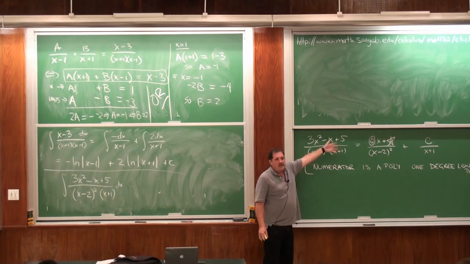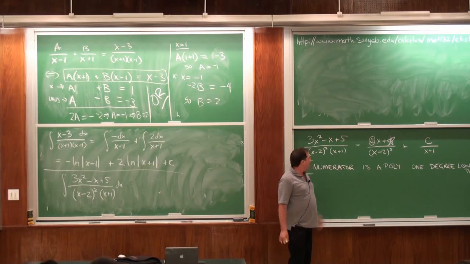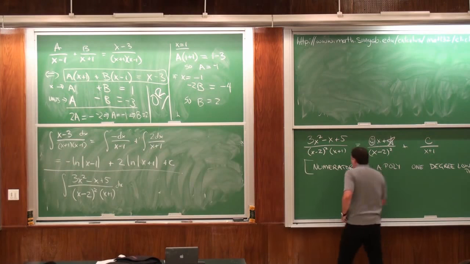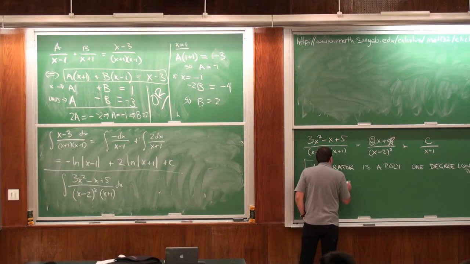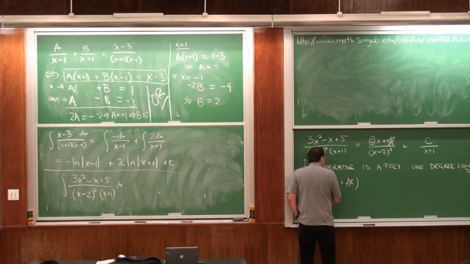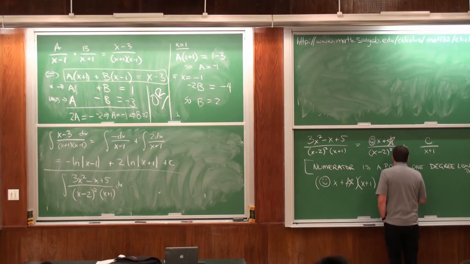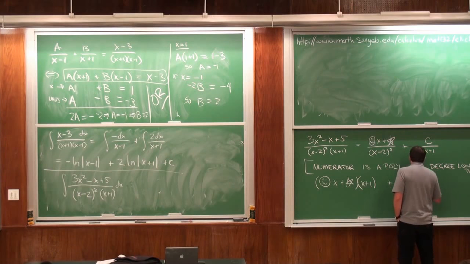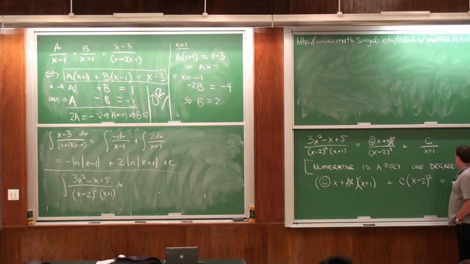Alright, so now we can use the same trick. We just cross multiply and come up with something. So when we cross multiply, we're going to get smiley face x plus star times x plus 1 plus c times x minus 2 squared, and that has to equal that 3x squared minus x plus 5.